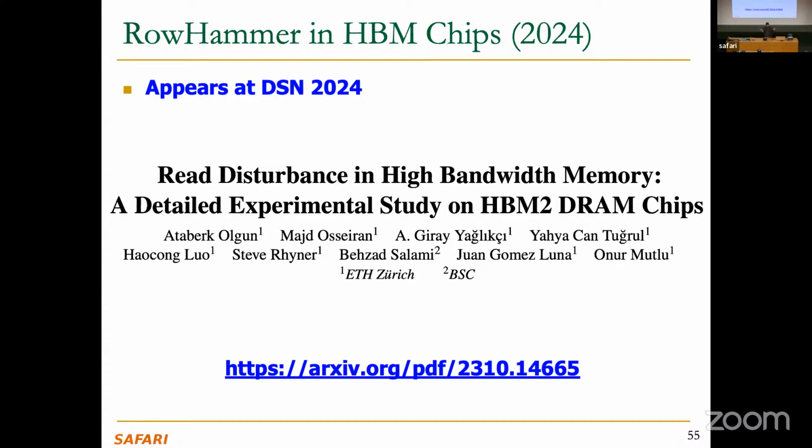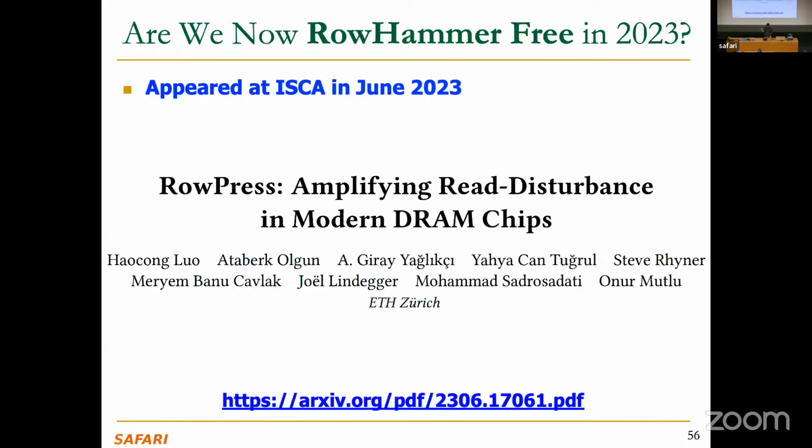One very interesting finding is that DRAM rows on the two edges of a subarray are less vulnerable to RowHammer than DRAM rows in the middle of a subarray. That's a very interesting phenomenon.